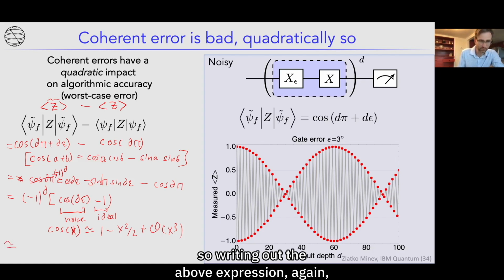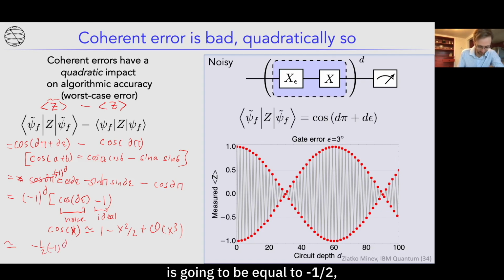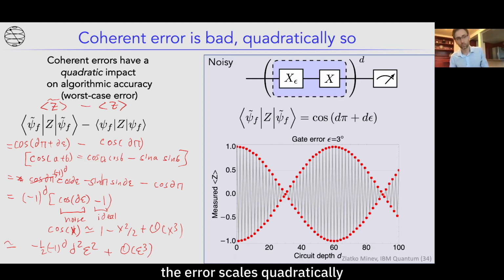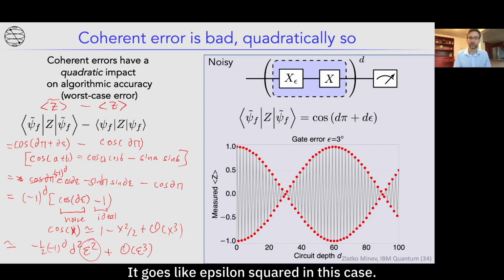Writing out the above expression again, which is our error, we find that this is equal to minus 1/2 minus 1 to the power of d, d squared epsilon squared plus order of epsilon cubed. So you notice that as a function of both the depth and the error, the error scales quadratically in the expectation value. It goes like epsilon squared in this case.